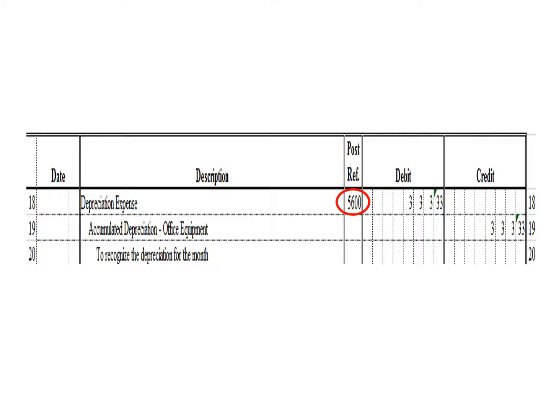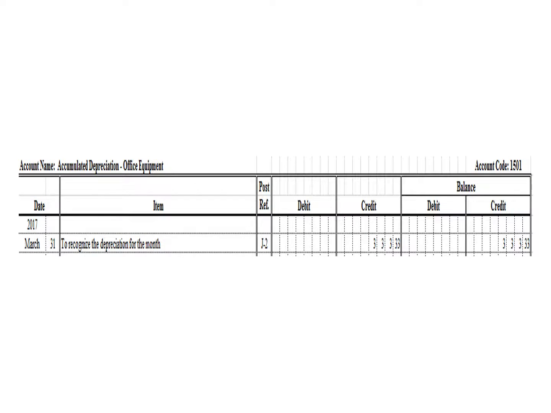Let us post the credit entry. A credit to accumulated depreciation of office equipment for 333 pesos and 33 centavos. In the accumulated depreciation office equipment ledger, we write the date, March 31, the description to recognize the depreciation for the month, posting reference J2.